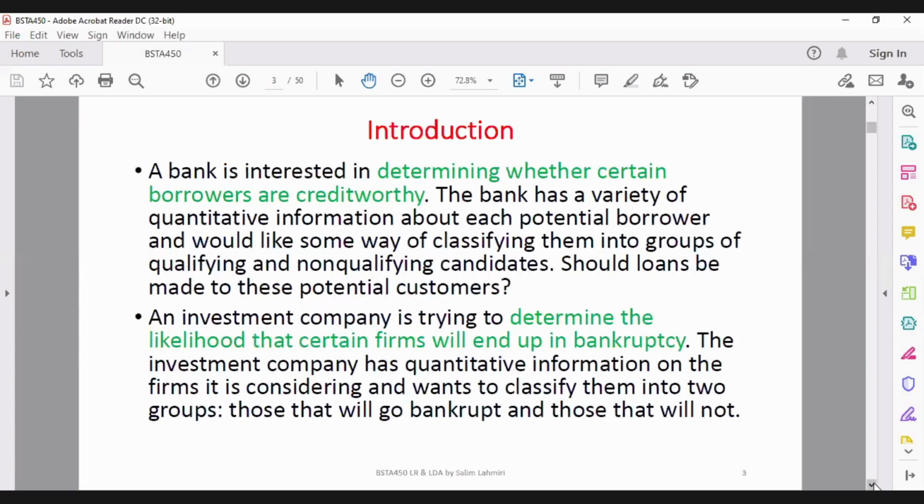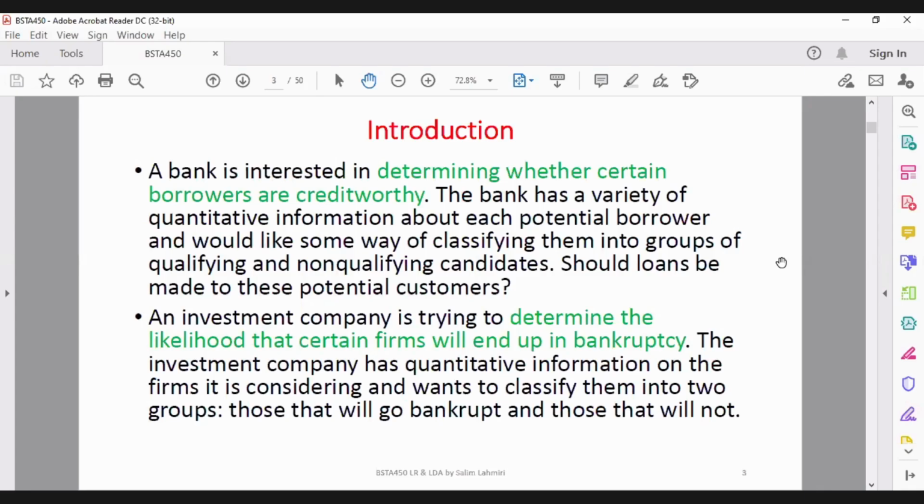Now let's look at an example where a bank is interested in determining whether certain borrowers are creditworthy, meaning whether a potential borrower is risk-free or represents an economic and financial risk.